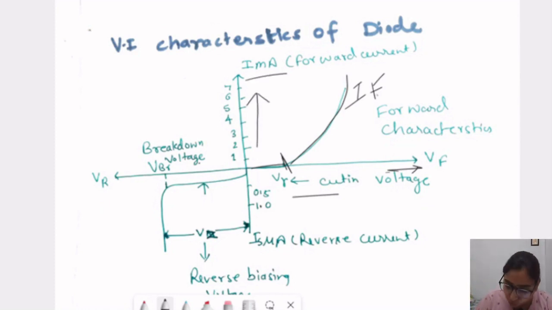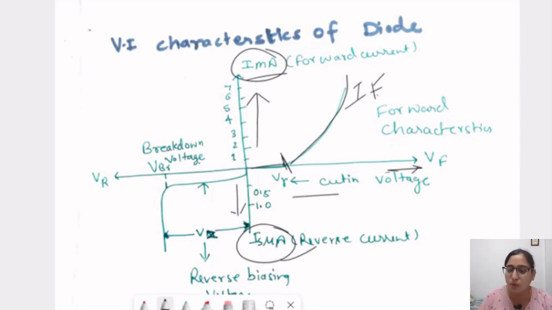One thing you have to note here: the reverse current is in microampere. So if the forward current is in milliampere, the reverse current in microampere is of the order of 10 to the power minus 6, which means a very low current is present in reverse bias.